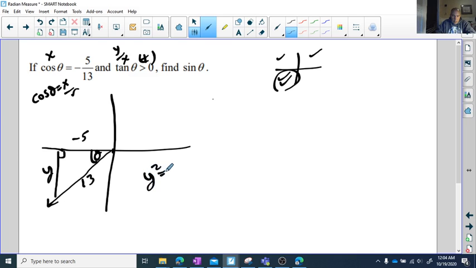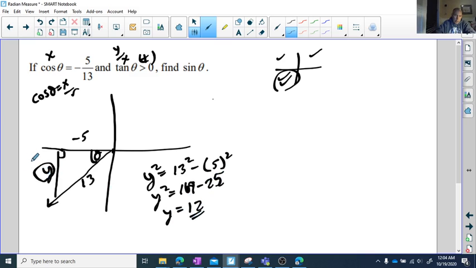Y squared is the hypotenuse squared, subtract your other side squared. So in this case, that will be 169 minus 25, which is 144. The square root of 144 is 12.